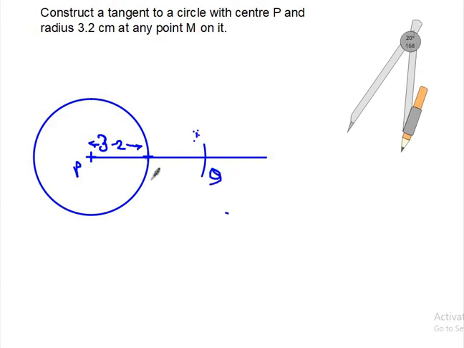This point I will name as point M, and our intention is to draw a tangent passing through this point M, and PM is equal to QM. This is also 3.2 centimeters.